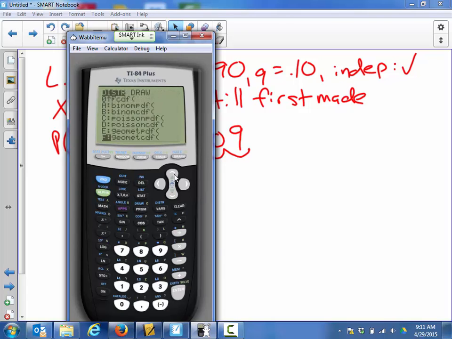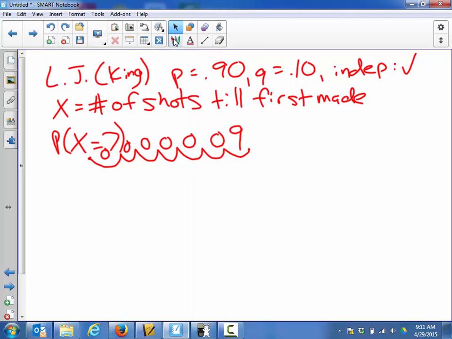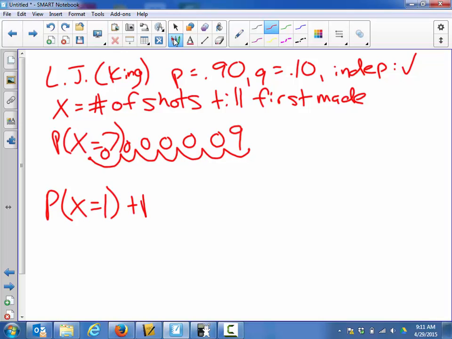Now let's see what happens if we use geometCDF instead of geometPDF, with the same p-value of 90% and an x-value of 7. We get something so close to 1.